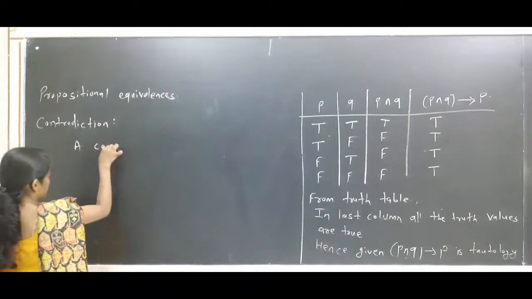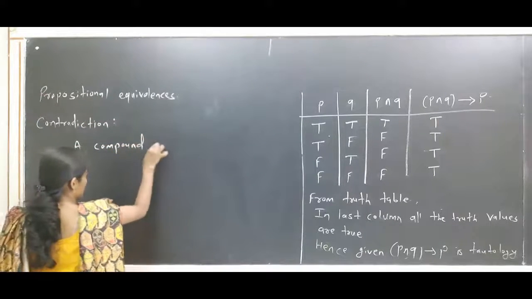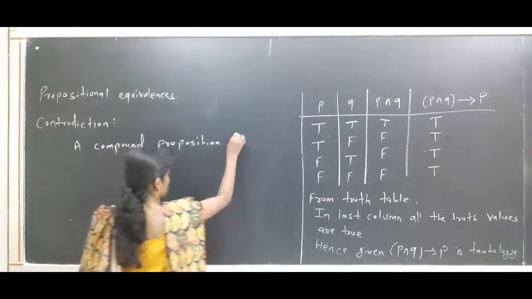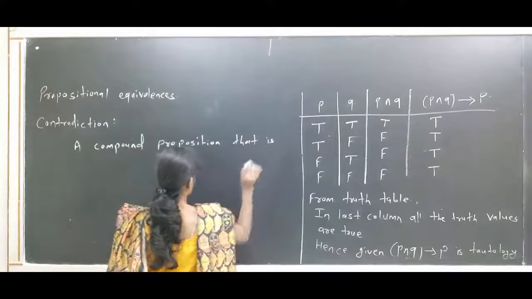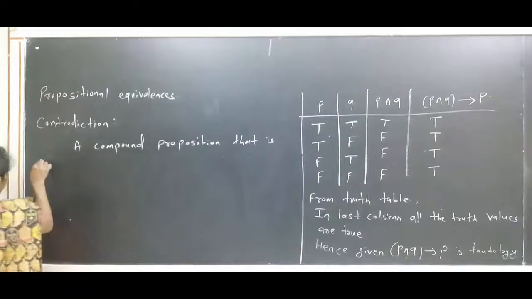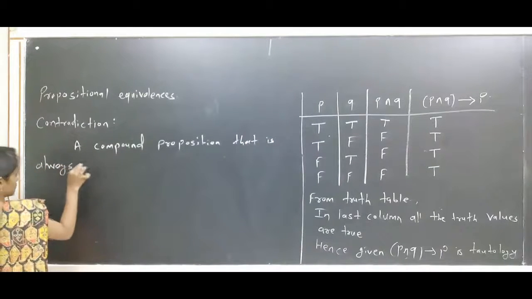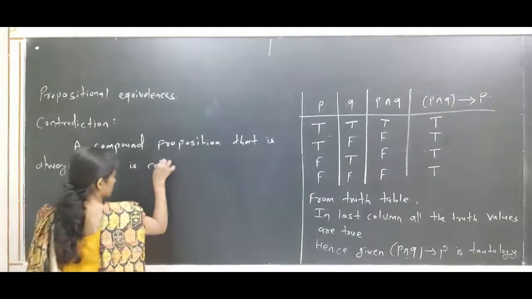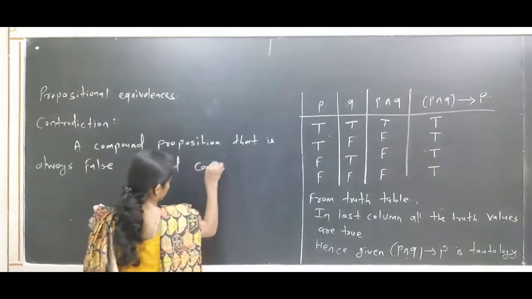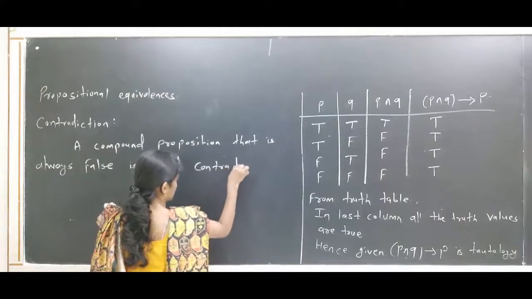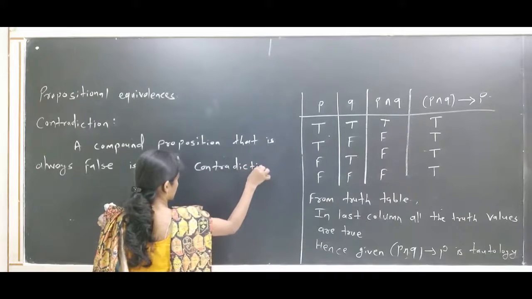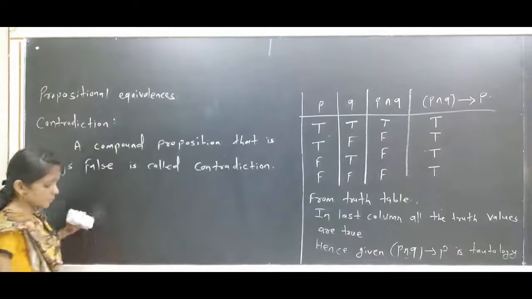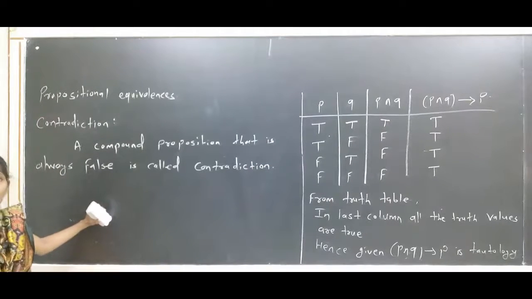A compound proposition that is always false is called a contradiction. Okay, so a compound proposition always false is called a contradiction.